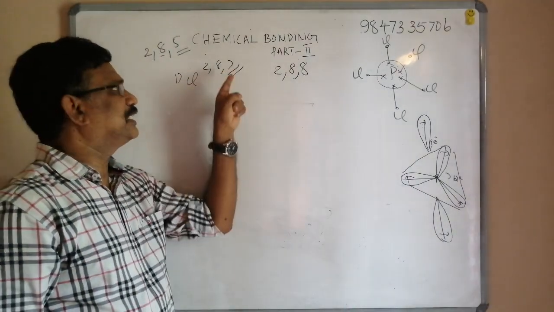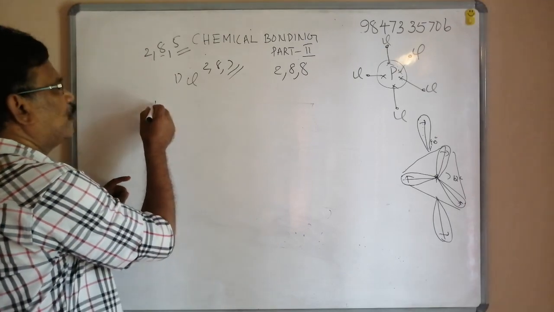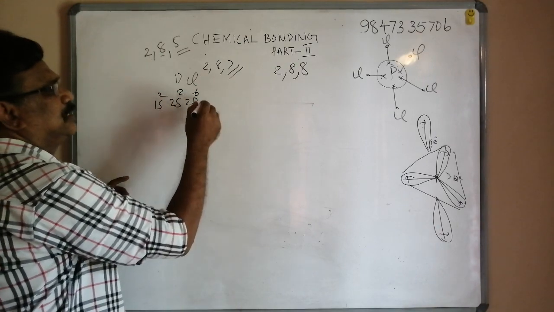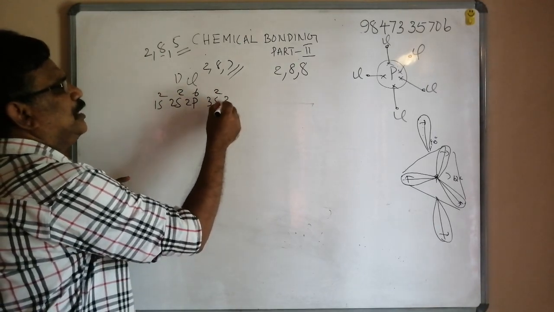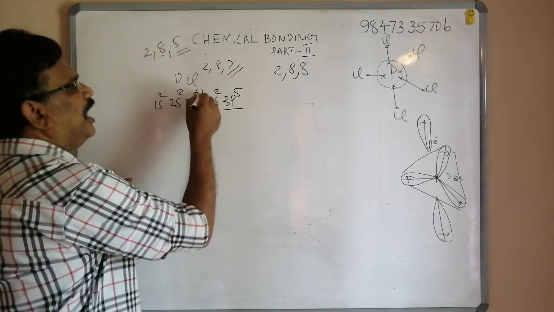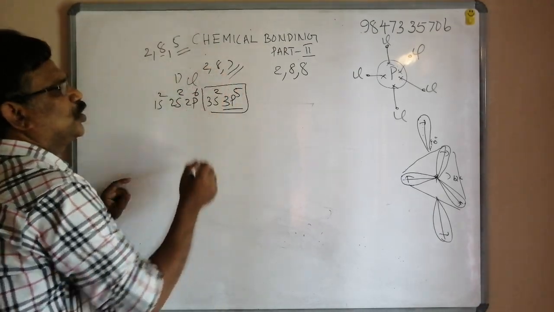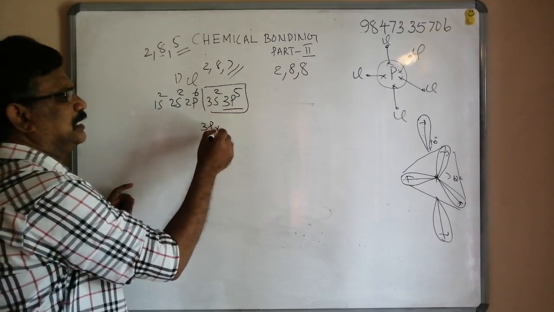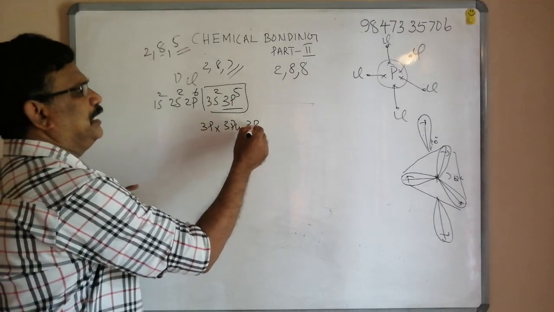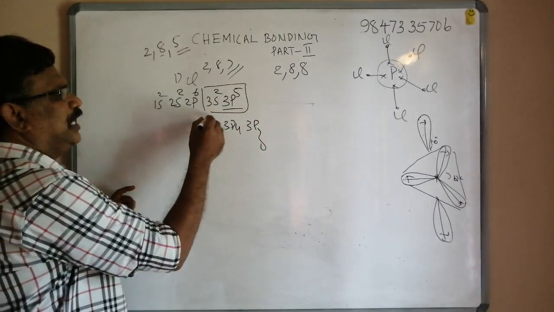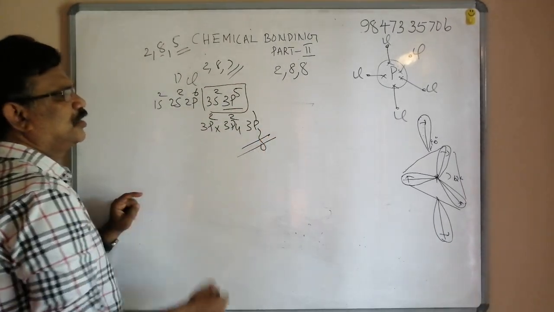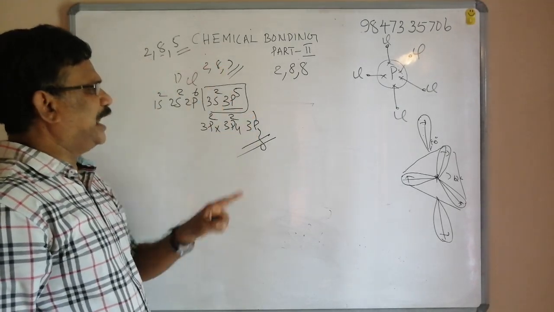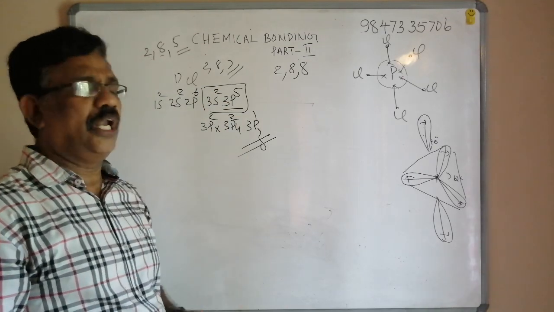Orbital wise: 1s2 stable, 2s2 stable, 2p6 stable, 3s2 and 3p5. 3p5, valence shell 7 electrons, shortage of 1 electron in the 3p subshell: 3px, 3py, 3pz, total 5 electrons as 2, 2, 1. When this 3pz1 becomes 3pz2, the 7 becomes 8, and the atom achieves argon-like configuration.